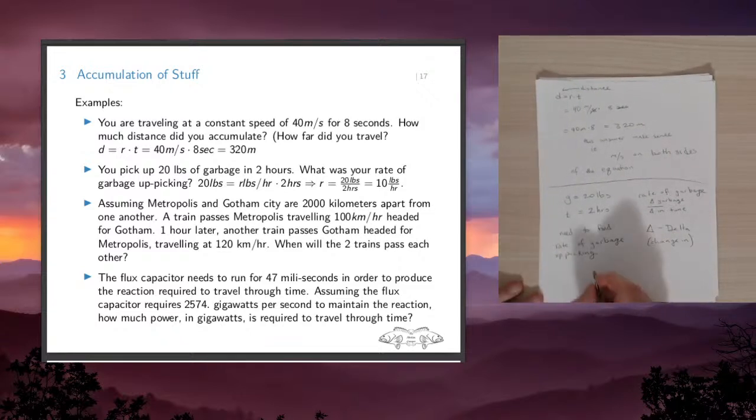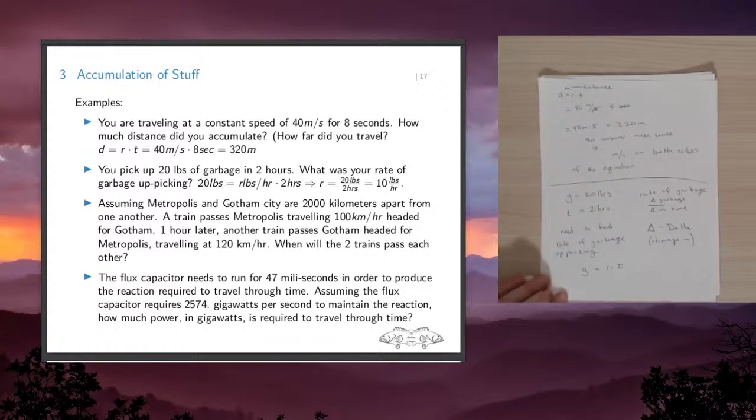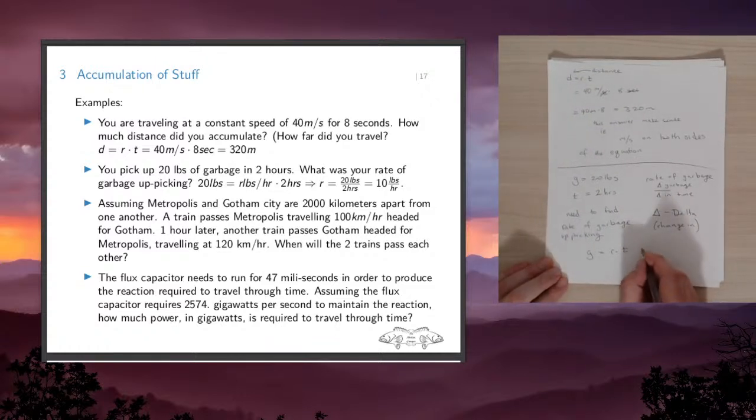So what is it? Well, we know that the total stuff we accumulate is going to be the rate times the time that we're accumulating it at that rate. In this case, we don't know what R is, but we know that we did it for 2 hours, and we know that all told, this is the same as the 20 pounds of garbage we picked up.